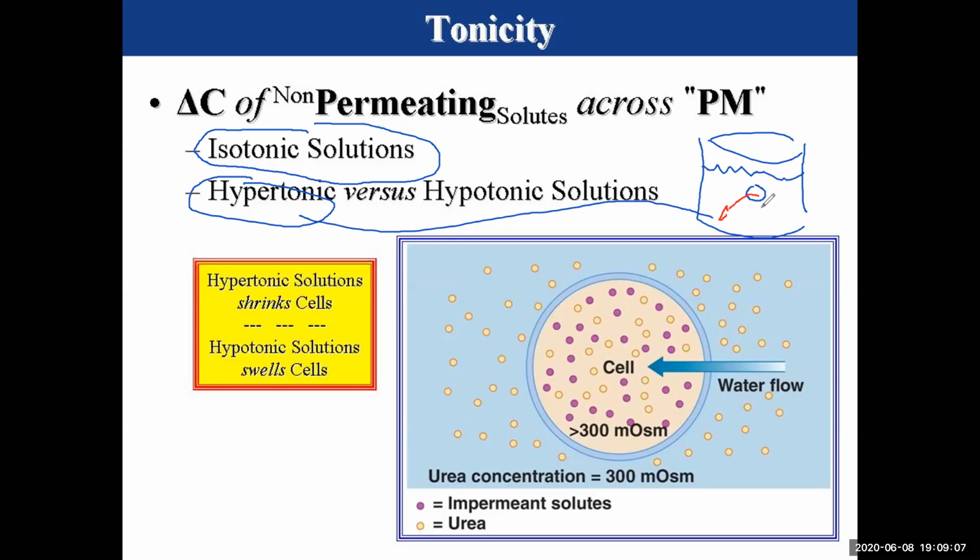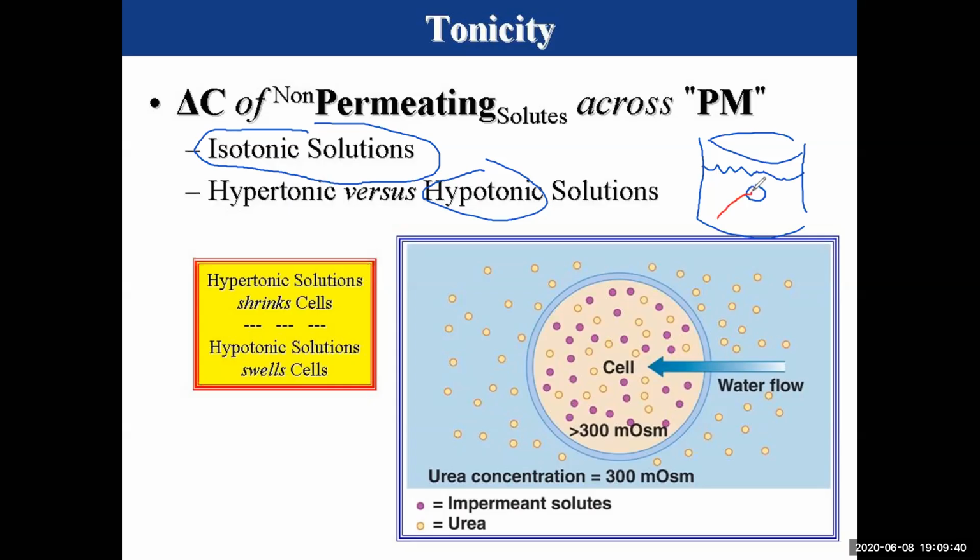In the process, when the cell loses water, the cell shrinks and it will die. What happens in the opposite condition, where you put the cell in a hypotonic solution? Hypotonic means the solution contains less salt than the cell, so water will go in.